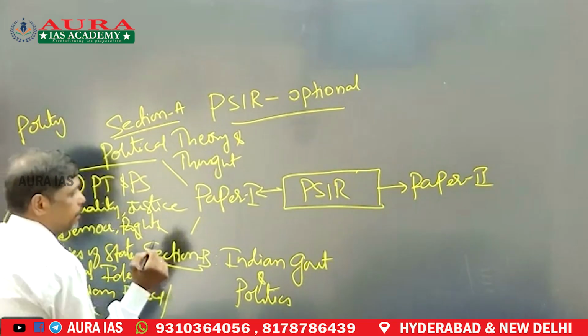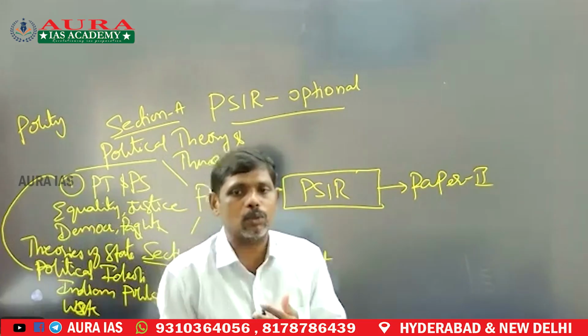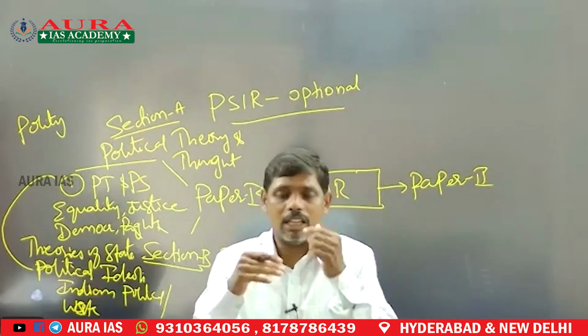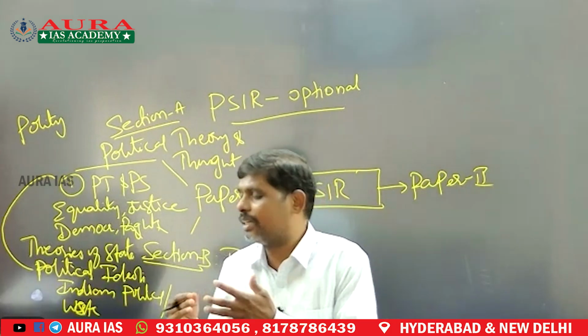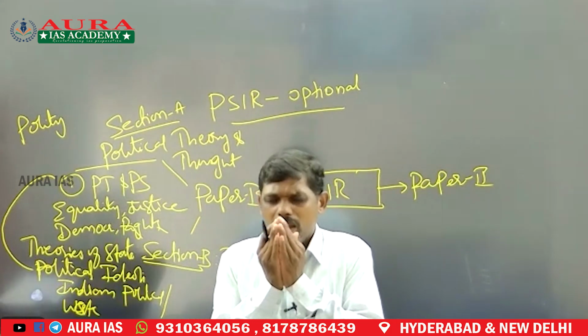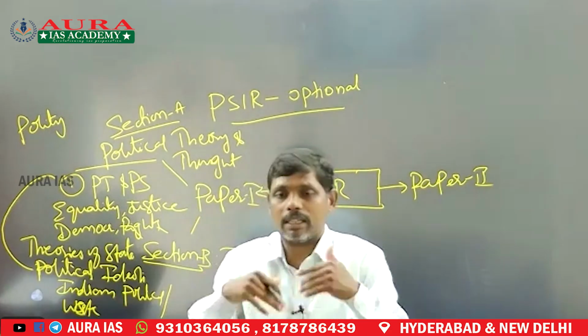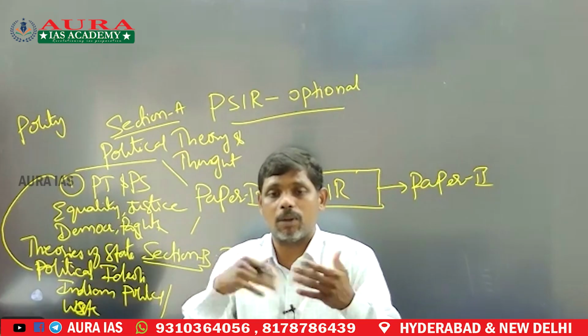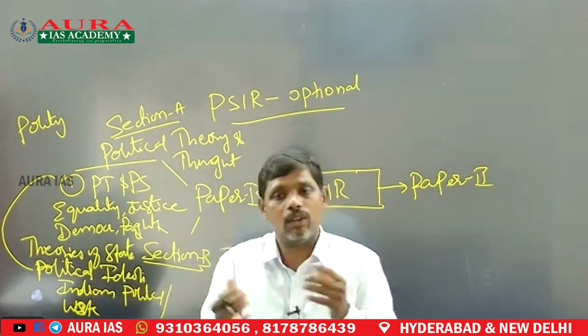Apart from this, we'll read Indian political thought, that is, different political thinkers in Indian politics. These are different thinkers who have really contributed to the development of political science or political ideologies in India.